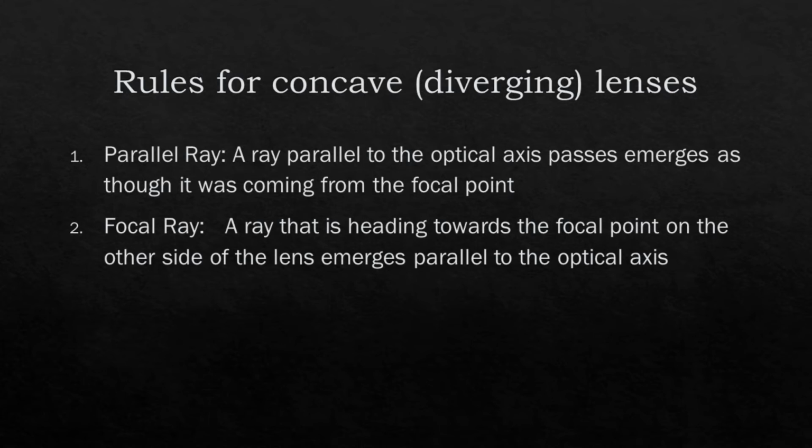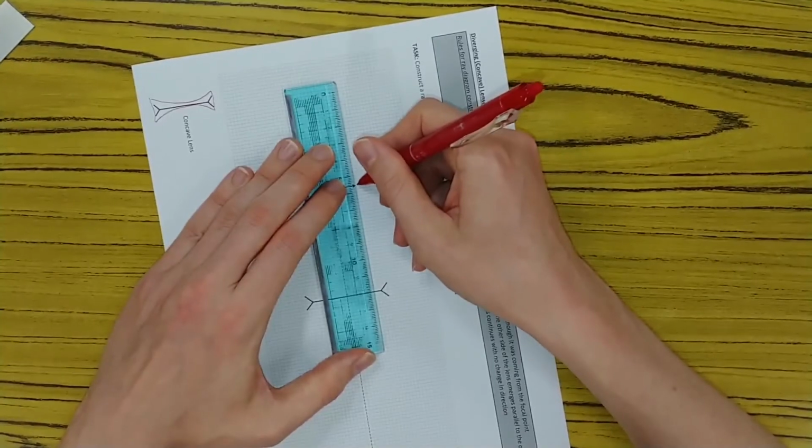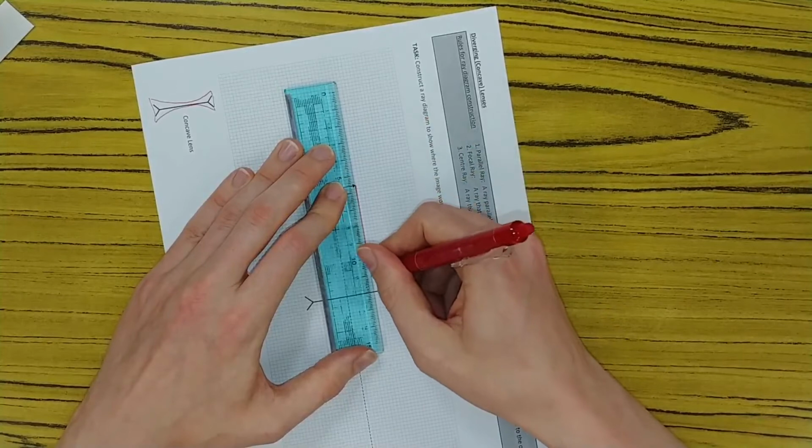Secondly, a ray that is heading towards the focal point on the other side of the lens emerges parallel to the principal or optical axis. And finally, a ray that passes through the center of the lens continues with no change in direction or no deviation.